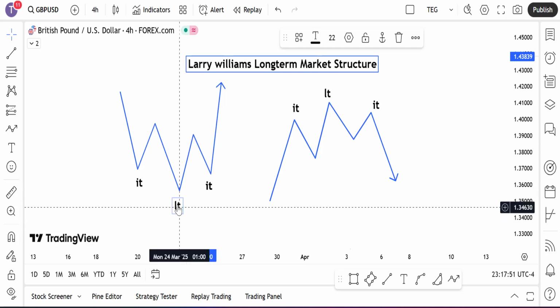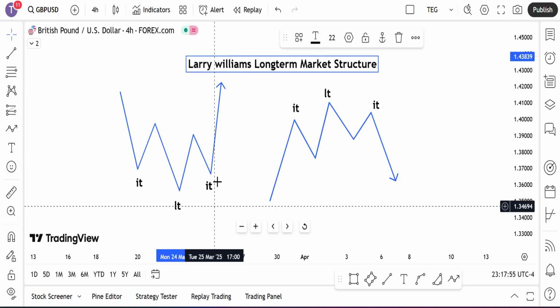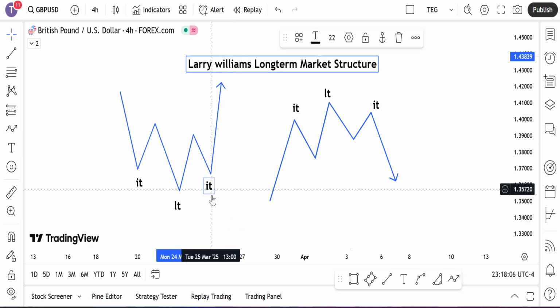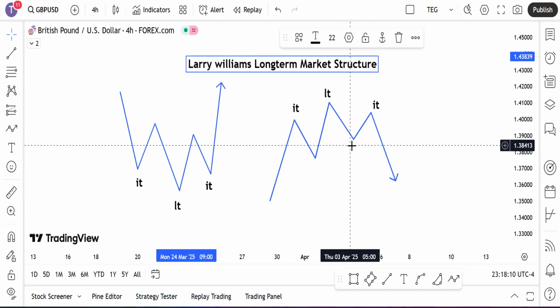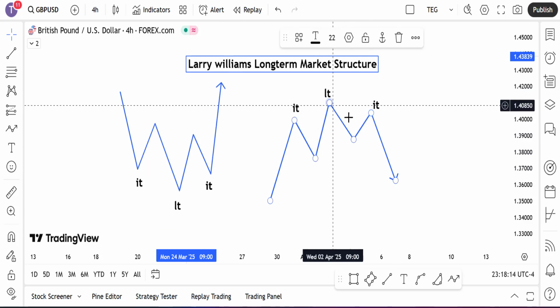That is how we get our long-term swings, and these are one of the most profitable swings you can look for when looking for a buying trade or any setup in the market, either a bearish or a buying scenario.